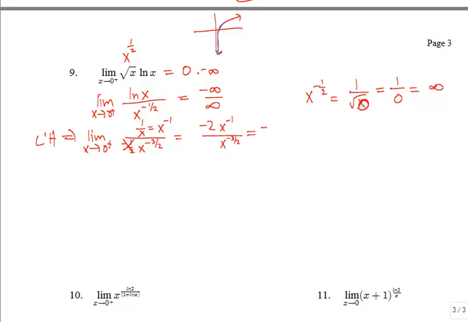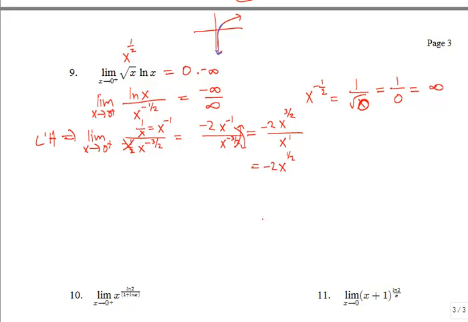If you want, you can take the x to the negative 3/2, flip it up to the top, and then take this x to the negative 1 and flip it to the bottom and make it positive. So x to the 3/2 over x to the 1, when I do 3/2 minus 1, that's x to the 1/2, and it's positive, and it should go in the top because 3/2 was the bigger power.